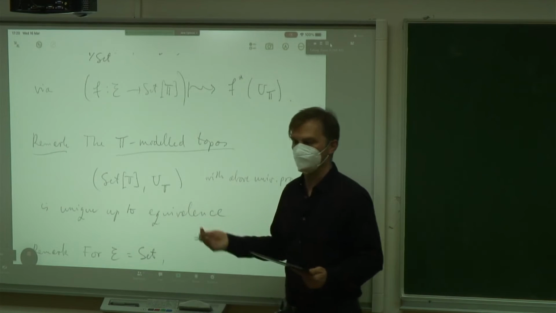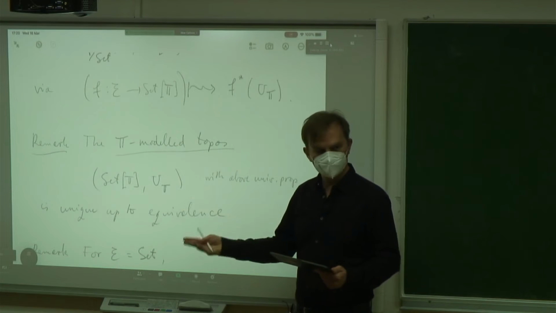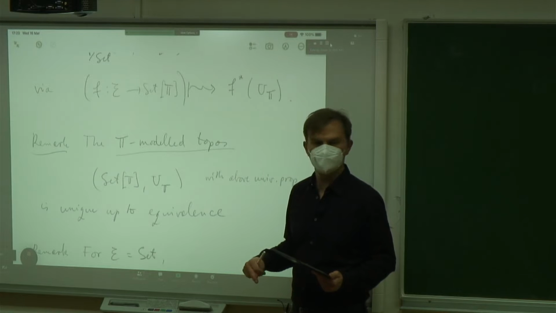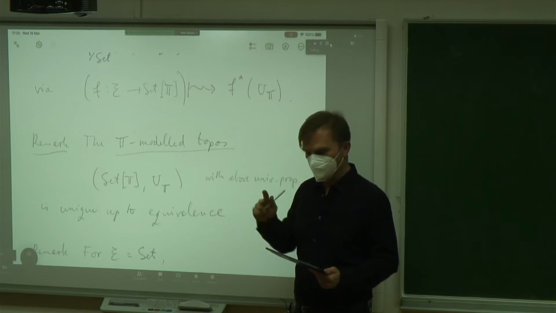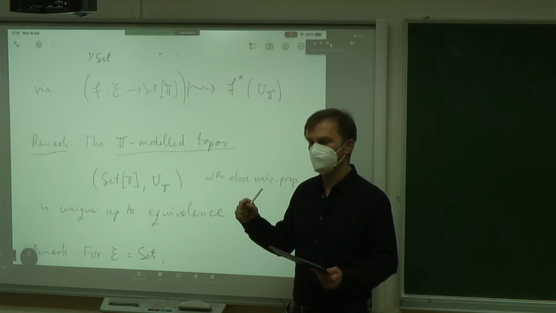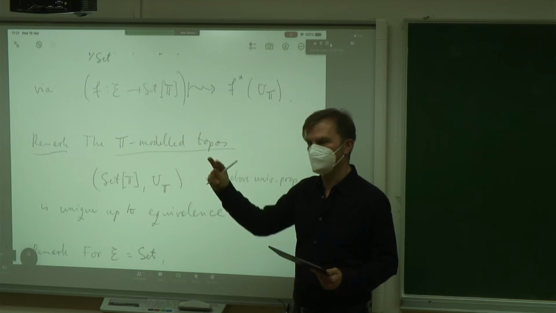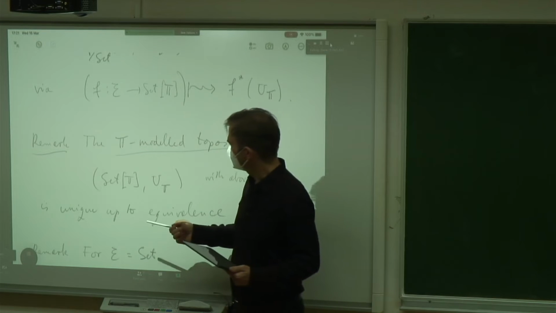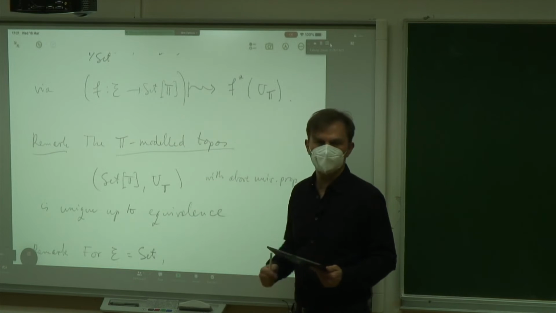So if you say, for example, a ringed topos, which is very common in algebraic geometry, you mean a topos together with a ring model of the theory of rings inside that topos. Or alternatively said, you're thinking of a topos and a ring object inside that topos.